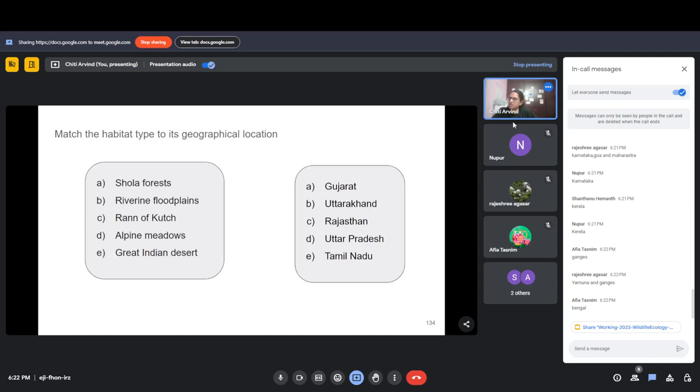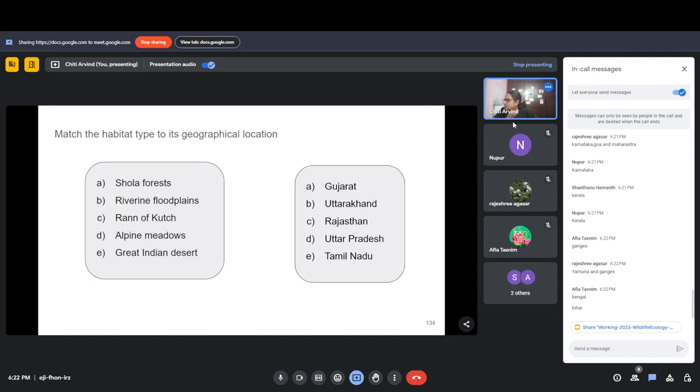Bengal, yes. Bihar, and UP, right? So broadly in these, of course, in a few maybe some extensions in some other states, but broadly in these four states you find these riverine floodplains.